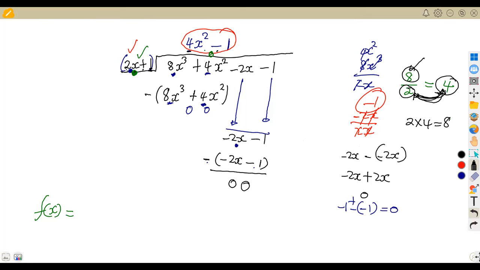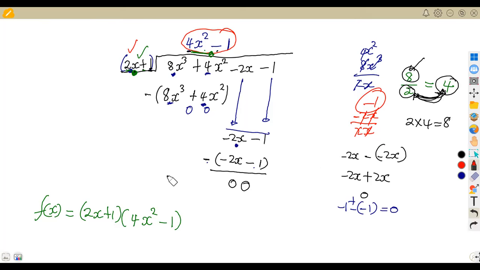So our f of x is going to be equal to what we were dividing by, 2x plus 1, and what we got after dividing, 4x squared minus 1.